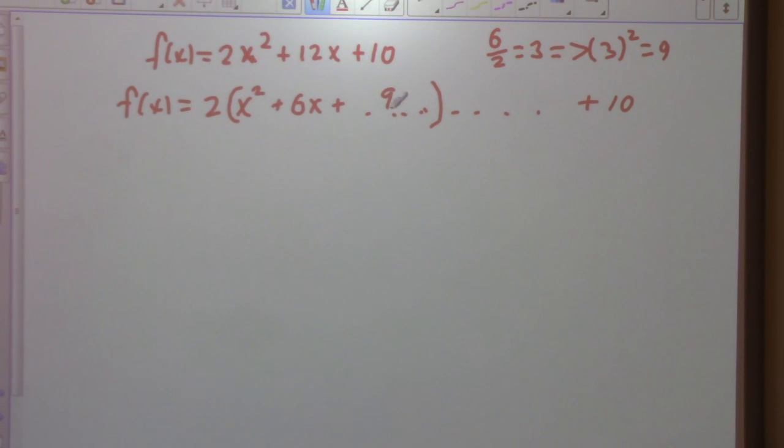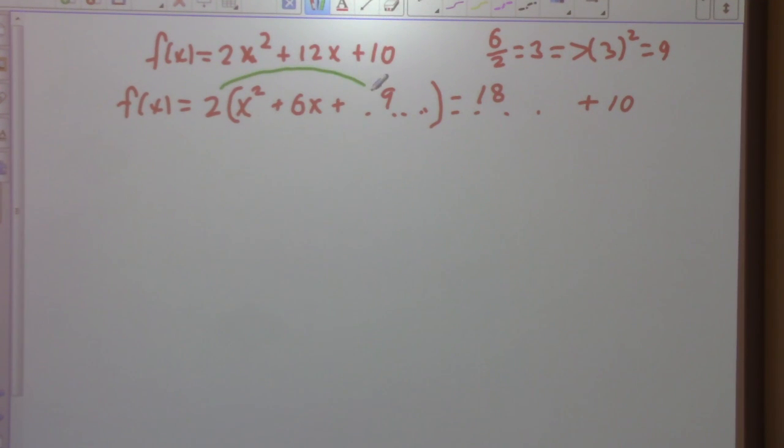Why did you divide by 2 though? Oh, we divided by 2 to complete a perfect square. That's what we did, okay? What goes out here? Minus. Somebody said minus 9, somebody said minus 18. Minus 18, why is it minus 18? Okay, you guys were too smart for me to fool you this morning.